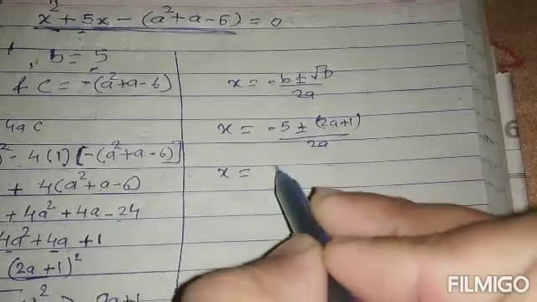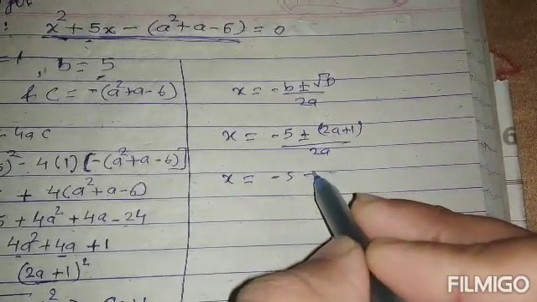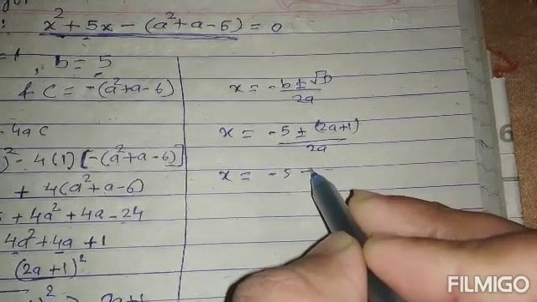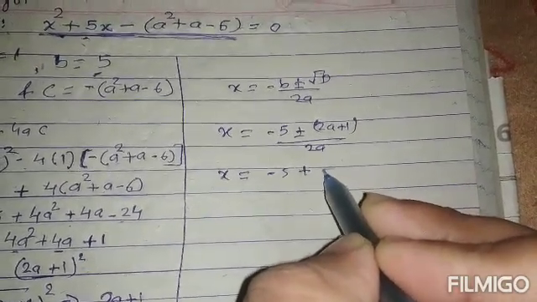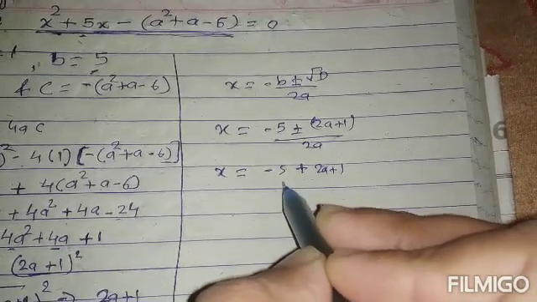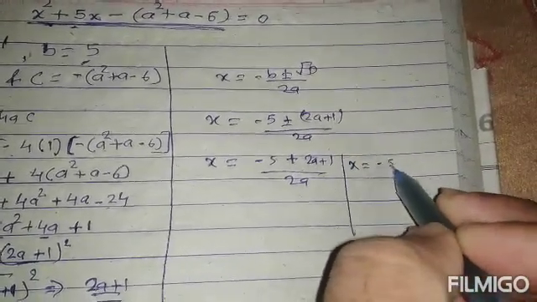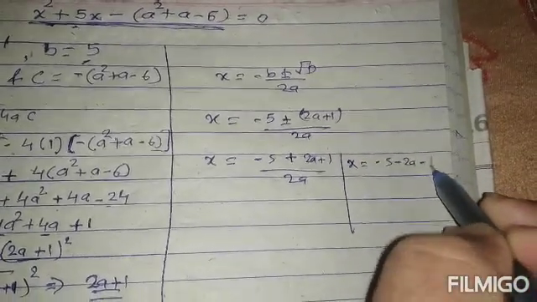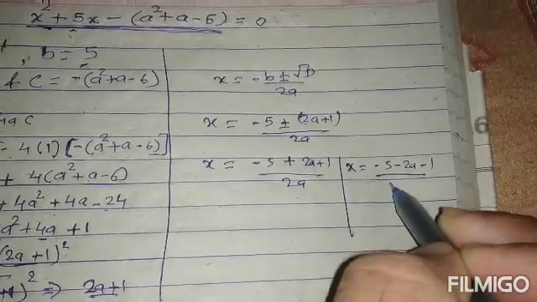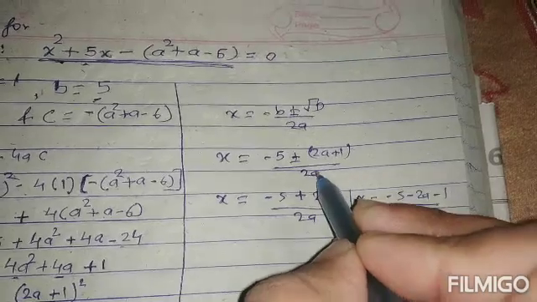So x equals minus 5 plus 2a plus 1 upon 2a, and x equals minus 5 minus 2a minus 1 upon 2a, and the value of a is here 1.